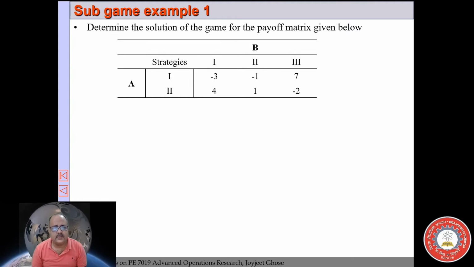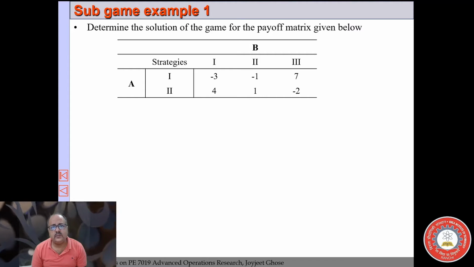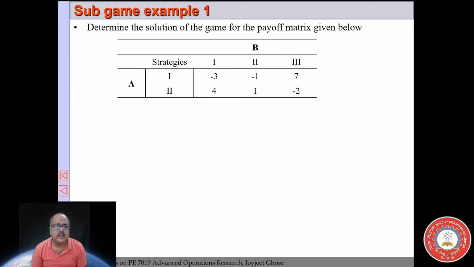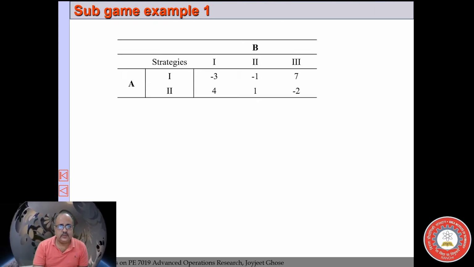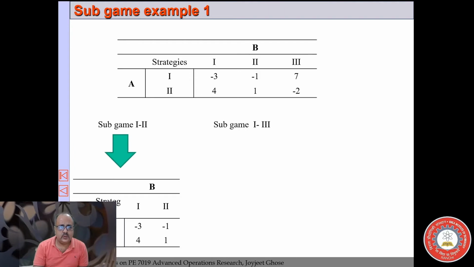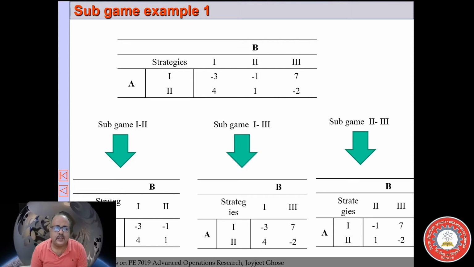So these subgames may be A12 B12, A12 B13, A12 B23, like that. So you can divide this into 3 subgames.